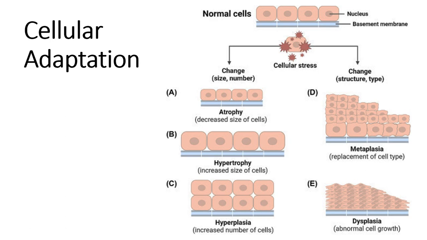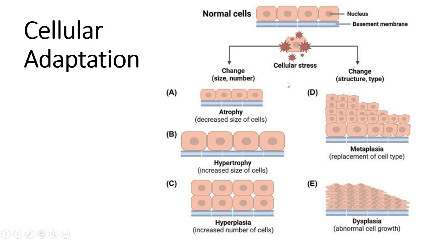So cellular insults, or we can call it stress or something that can cause disease, will invoke a series of responses from cells. Okay, so the cellular response can be changes in the size, number, structures, and type.